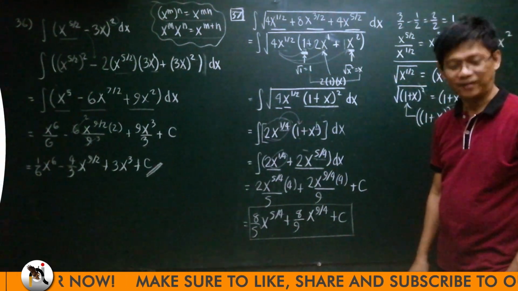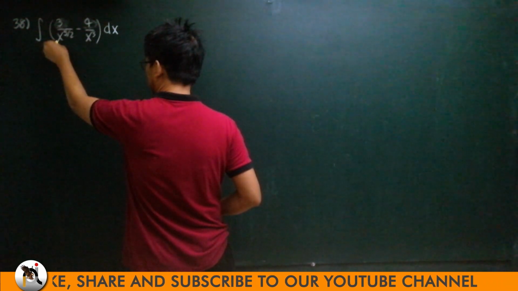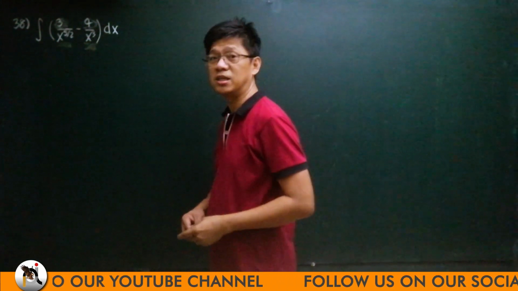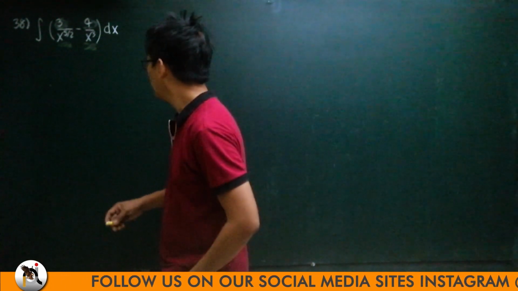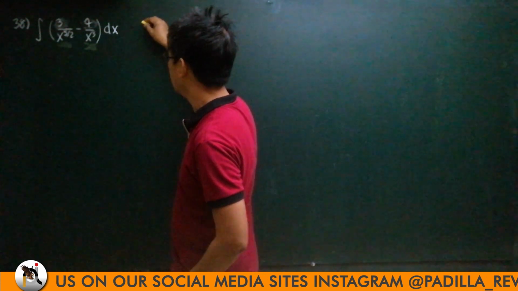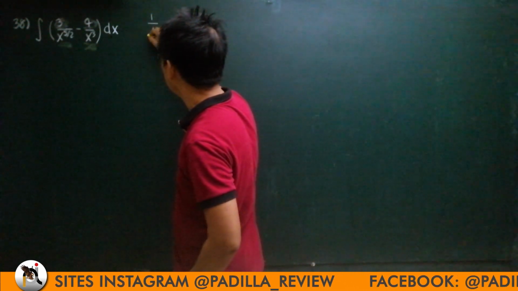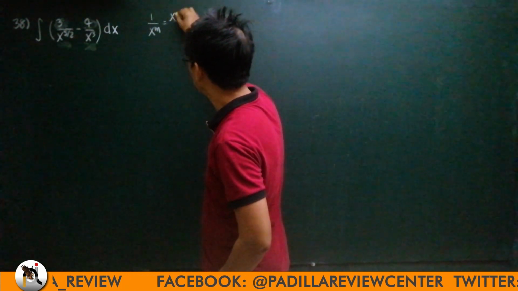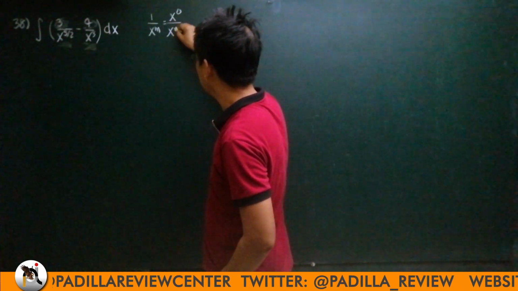You get it? Okay. This one contains independent powers of x except that they are in the denominator. So it's not a problem, because what we will just use is, for example, 1 over x to the m is the same as x to the 0 over x to the m.